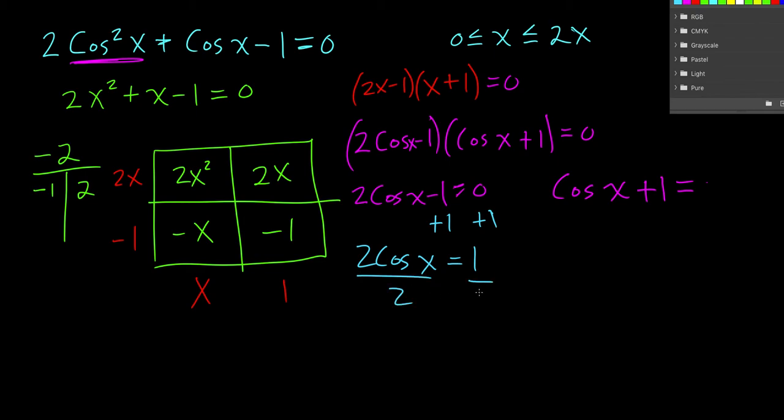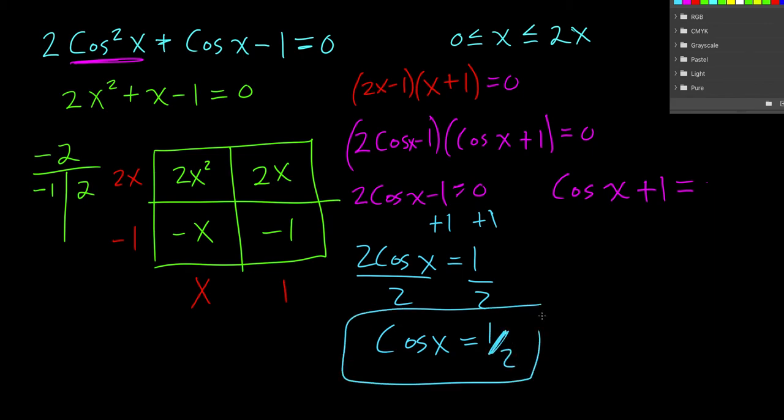Divide by 2. All right, so we got that. So cosine x is equal to 1/2. And also, this was 0. So cosine x is equal to negative 1.